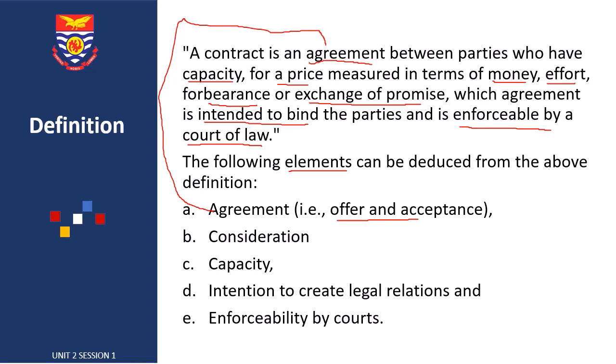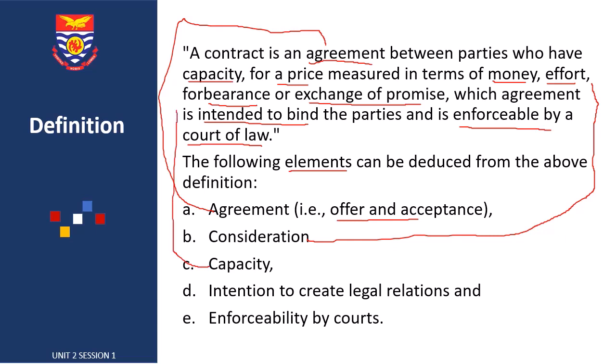You also have the consideration component of a contract. The consideration component is the price element in a contract. It could be cash, effort, forbearance, that is, not to do something, or an exchange of promises.